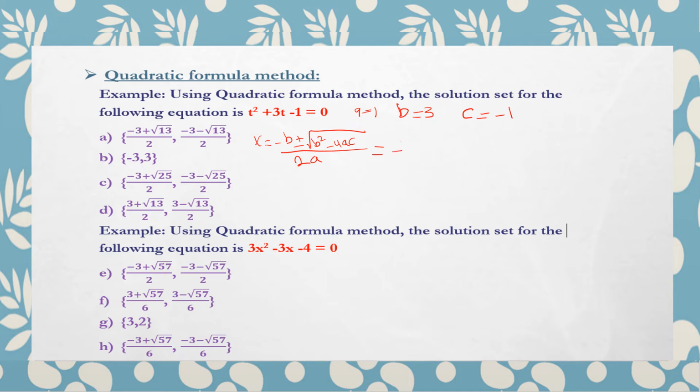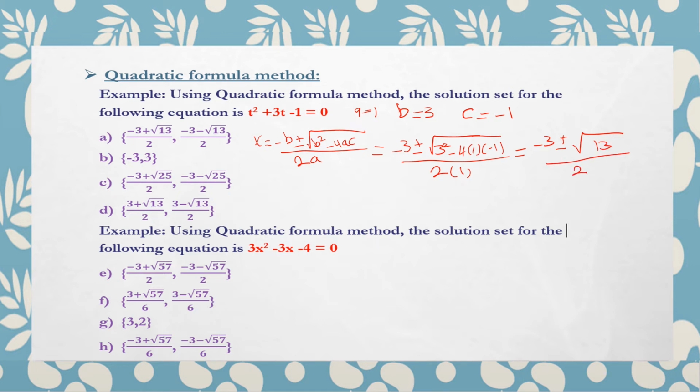minus 3 plus or minus square root of 3 squared minus 4 times 1 times minus 1 over 2 times 1. And this equals minus 3 plus or minus square root of 13 over 2.